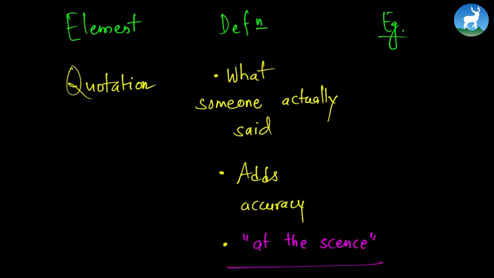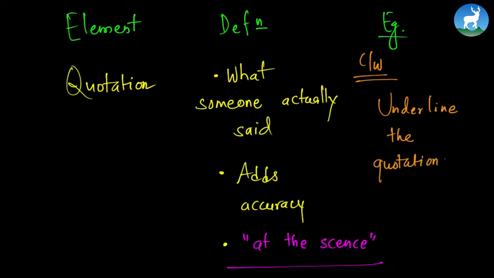Now as a classwork right now again, I'm giving a lot of classwork today. I want you to underline the quotations that you find in your news report in your book. Pause the video, go and underline the quotations.